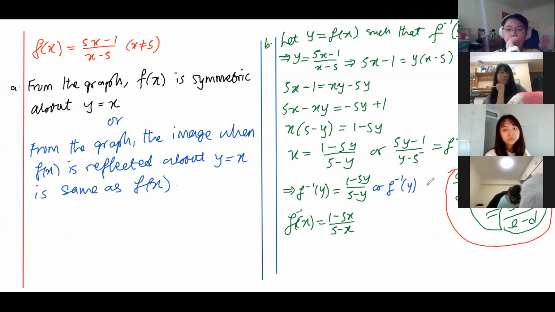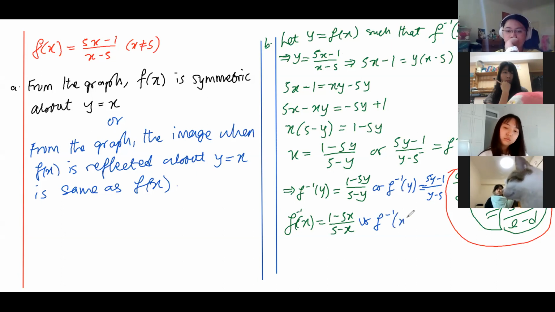F inverse of y is, if we use this, because they are the same, yeah? So it will be 5y minus 1 divided by y minus 5, or f inverse of x, if you change the variable, 5x minus 1 divided by x minus 5.